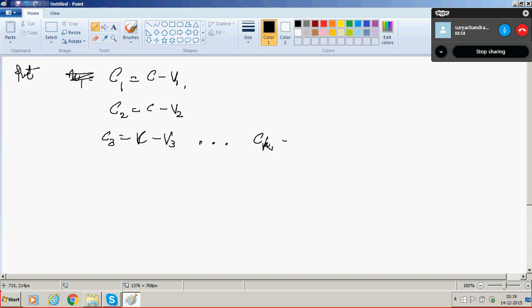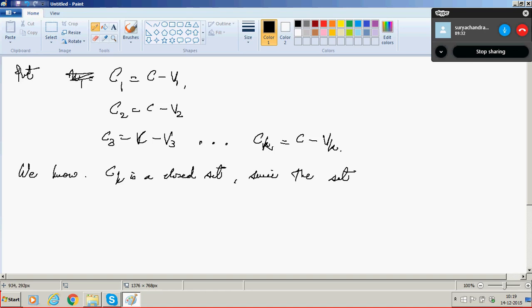Ck equal to C minus Vk. By the exercise result, we know Ck is a closed set, since the set U is bounded.